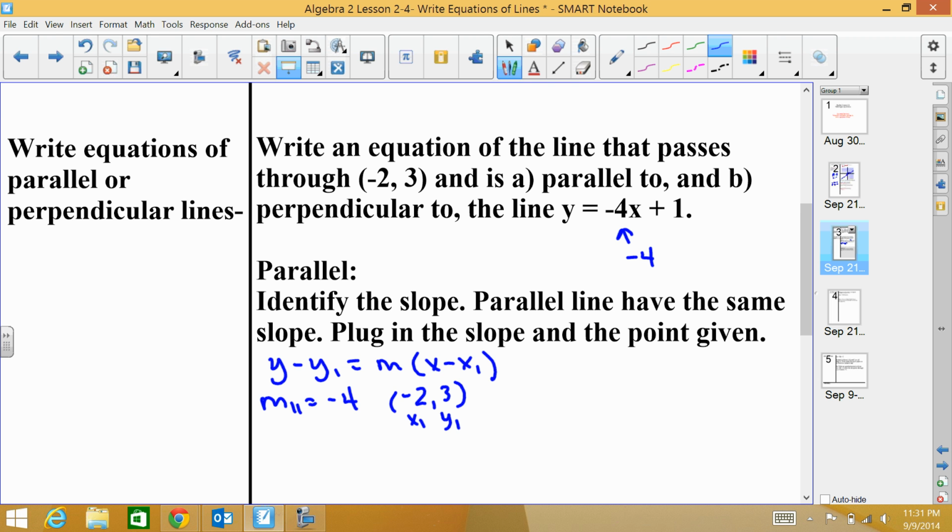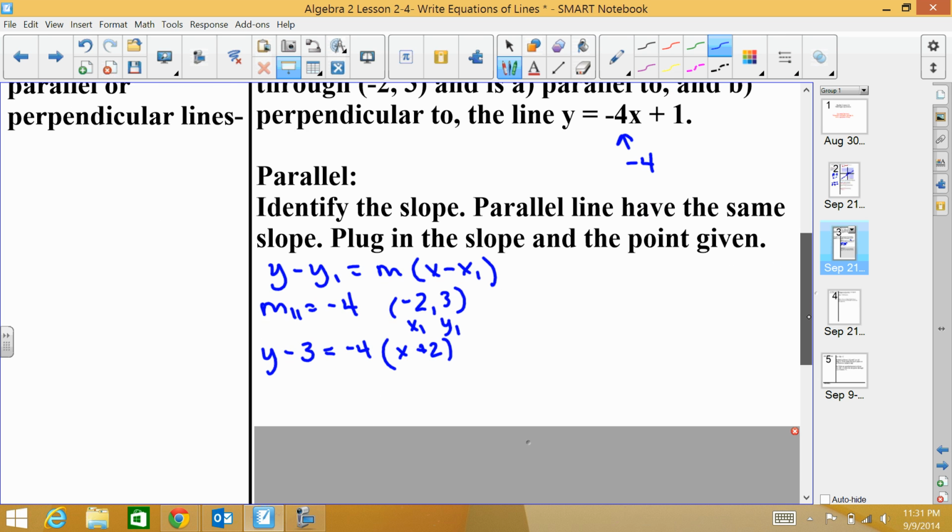So from here we would get y minus, and then we have to plug in y1, which is 3, equals m, which is -4, times x minus x1, which would be -2. So if I do minus and -2, that becomes +2. And then from here, I would just work this out.